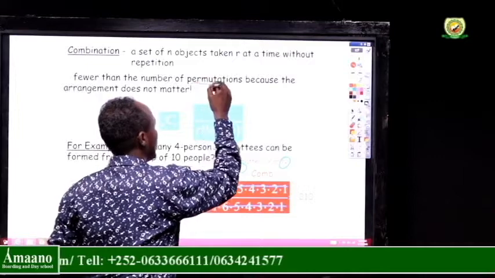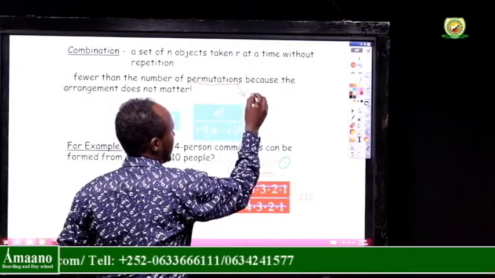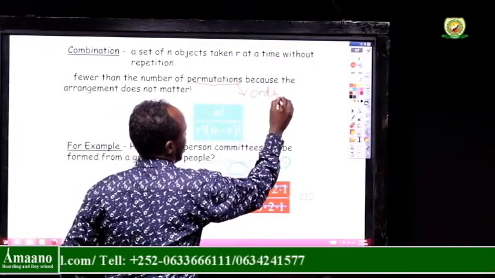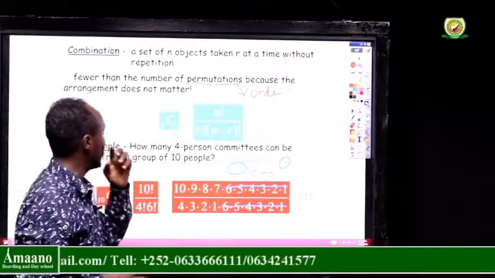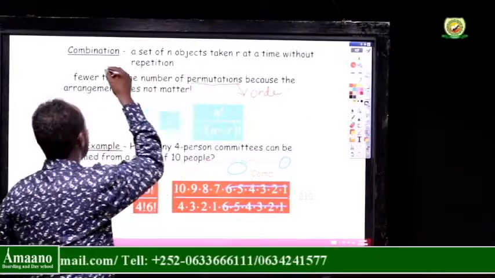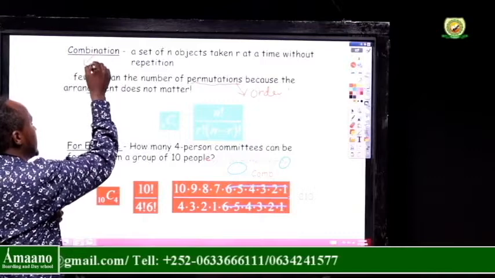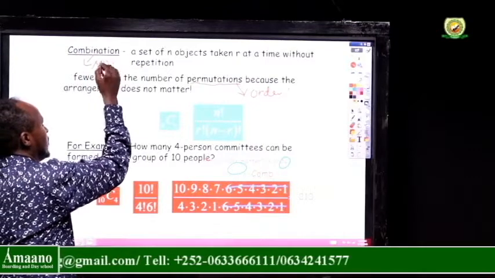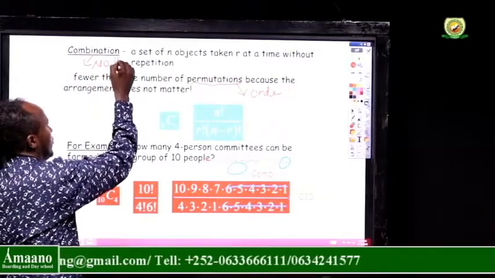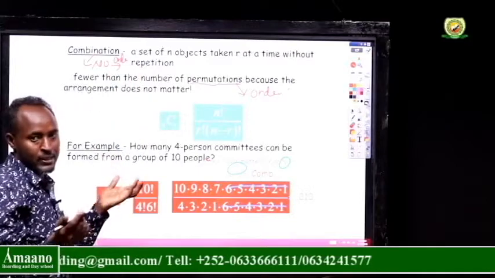For combinations, there is no order. We don't want to consider the order of the objects.